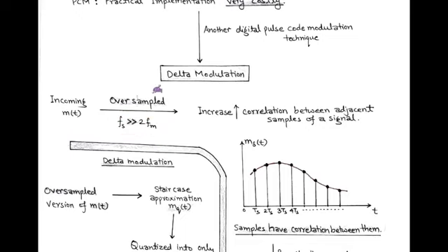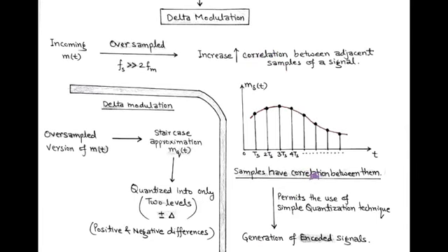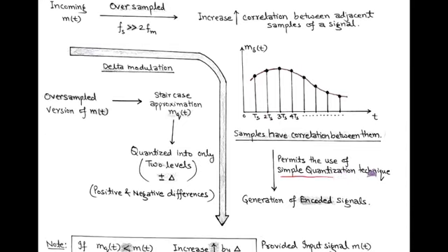This oversampling increases the correlation between adjacent samples of the discrete signal, as shown in the figure. Here, the samples at adjacent sampling instants, that is Ts, 2Ts, 3Ts, are correlated with each other and permit the use of a simple quantization technique.